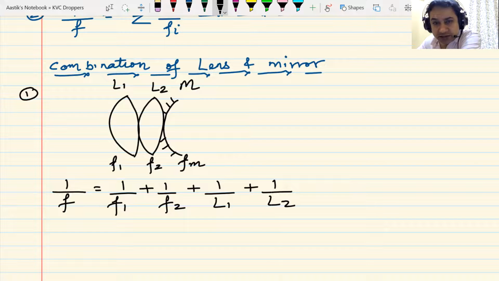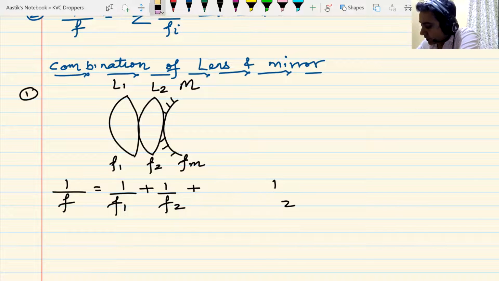L1 and L2 are the names of the lenses. So do we divide 1 by the name of the lens? No, I don't think so.